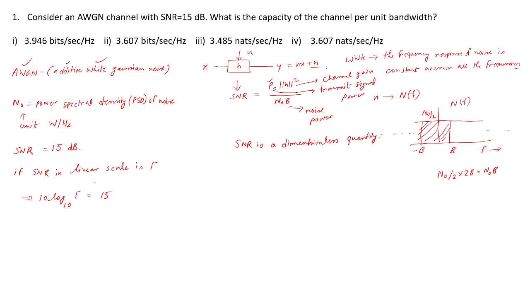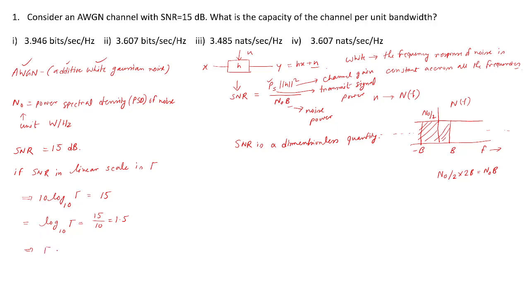So for computation of capacity of the channel, we need the SNR on linear scale first. How can we get that? You just take the 10 to the other side: log base 10 of capital gamma is 15 over 10, which is 1.5.